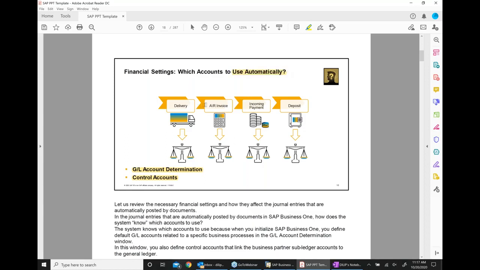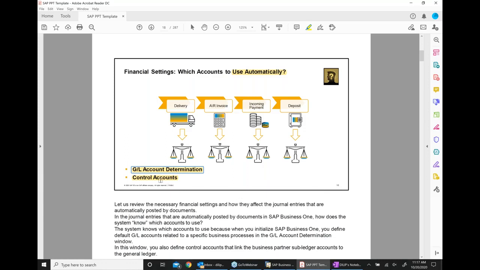Look at this phrase, which account to use automatically. So we have a delivery, customer invoice, incoming payment, deposit. There is something called GL account determination. So somewhere there is a process of GL account determination.